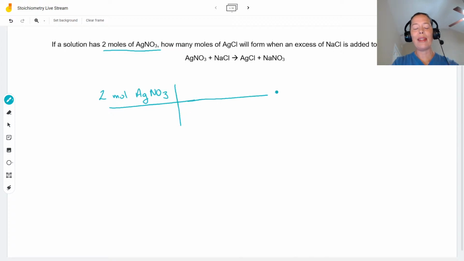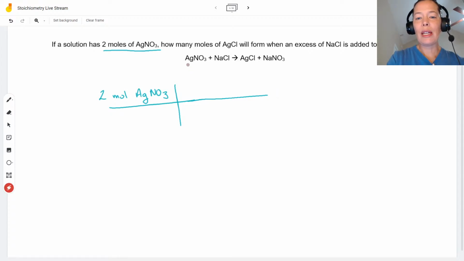I like to use the method that I call fence post, but some people like to write this in terms of multiplying different quantities. That's totally fine, whatever works for you. Now, we are already in moles, which means we can immediately use our balanced chemical equation. So again, I'm looking at my relationship between silver nitrate and silver chloride, because that's what the problem is asking me for. Now, what are the stoichiometric coefficients of those numbers?